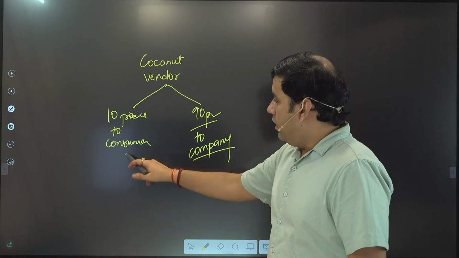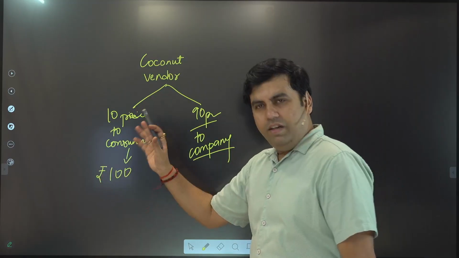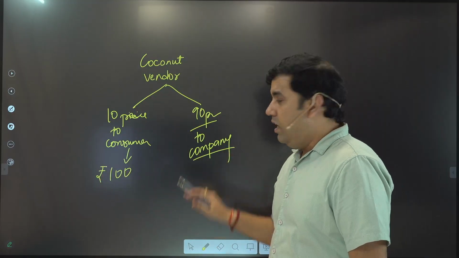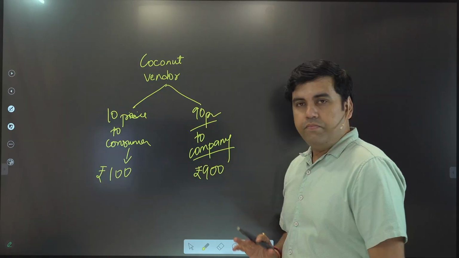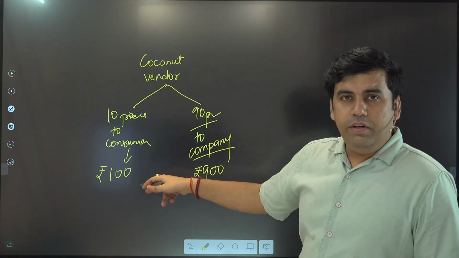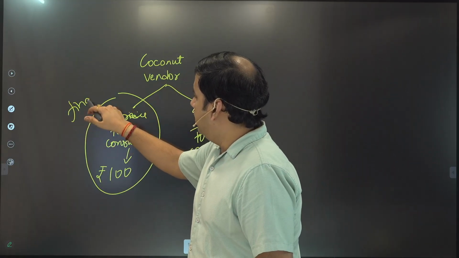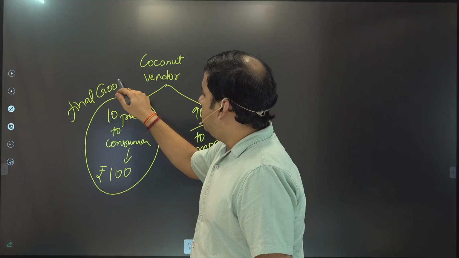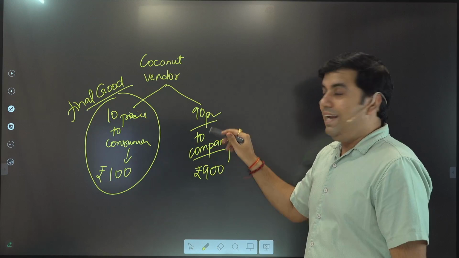Clear? Now here it is valued at 100 rupees, assuming 10 rupees each. Here it is valued at 900 rupees, again 10 rupees each. Clear? So for this person, the coconut becomes a final good. This sale became final good, final consumption ho gaya. Here it is an intermediate good.